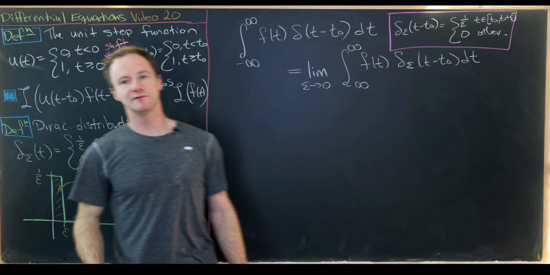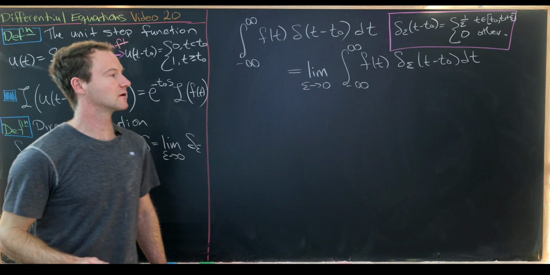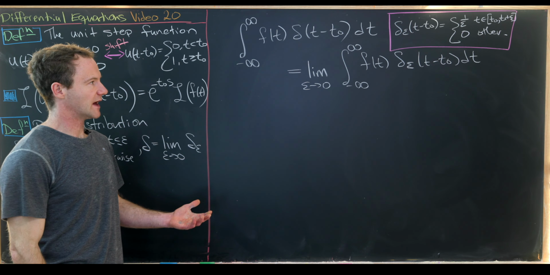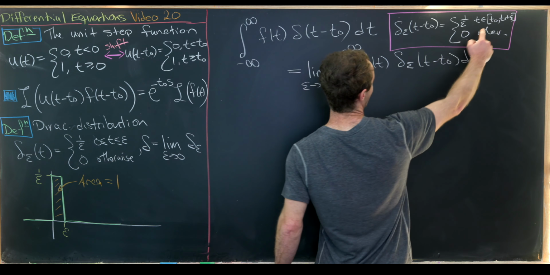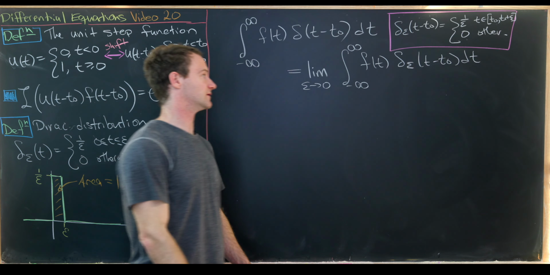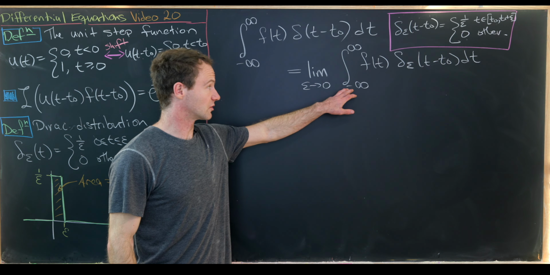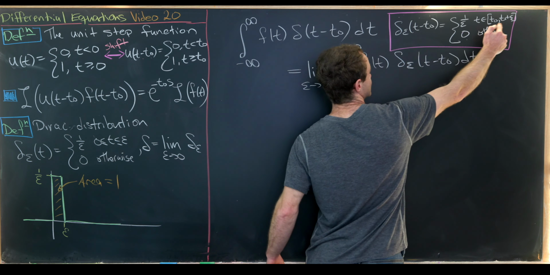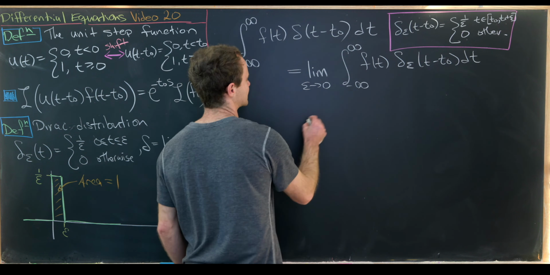So like I said, it moves this rectangular spike to the right or left depending on the value of t naught. Since it's 0 everywhere except for this closed interval, this integral from minus infinity to infinity will in fact collapse to an integral from t naught to t naught plus epsilon.